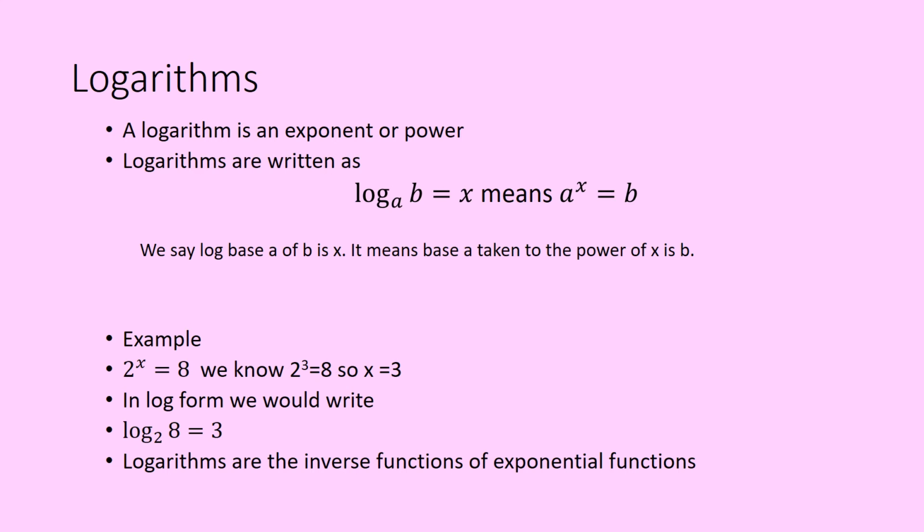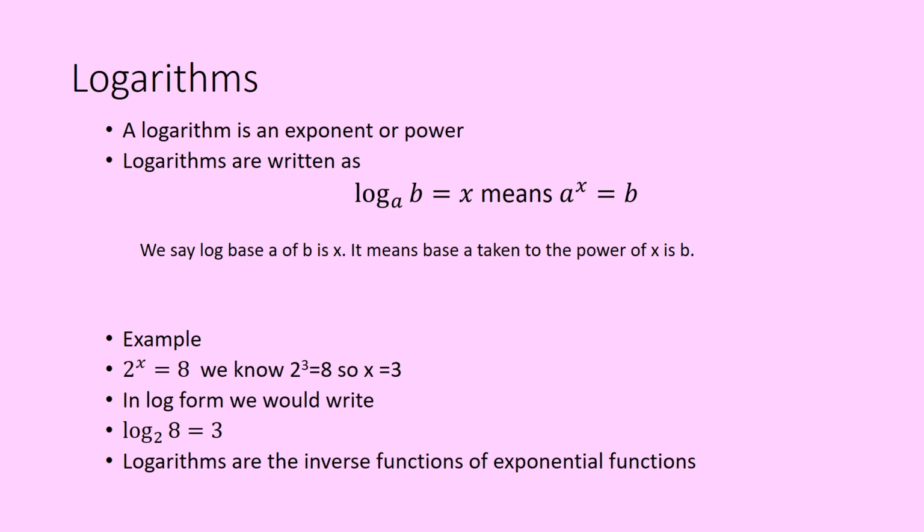So this might help us in situations where we've got something to an unknown power and we want to know what that power would be. So a really simple example is 2 to the power of x is equal to 8. We know already very simply that 2 to the power of 3 is equal to 8, so x is equal to 3.